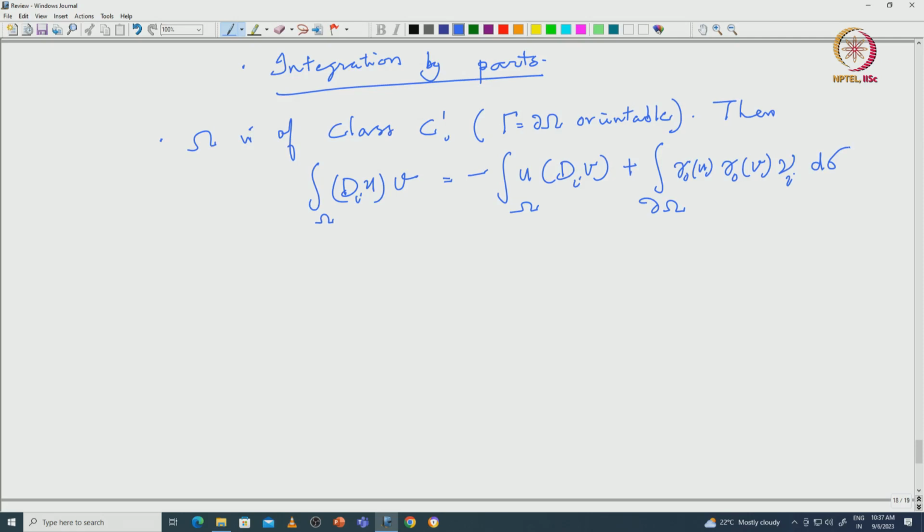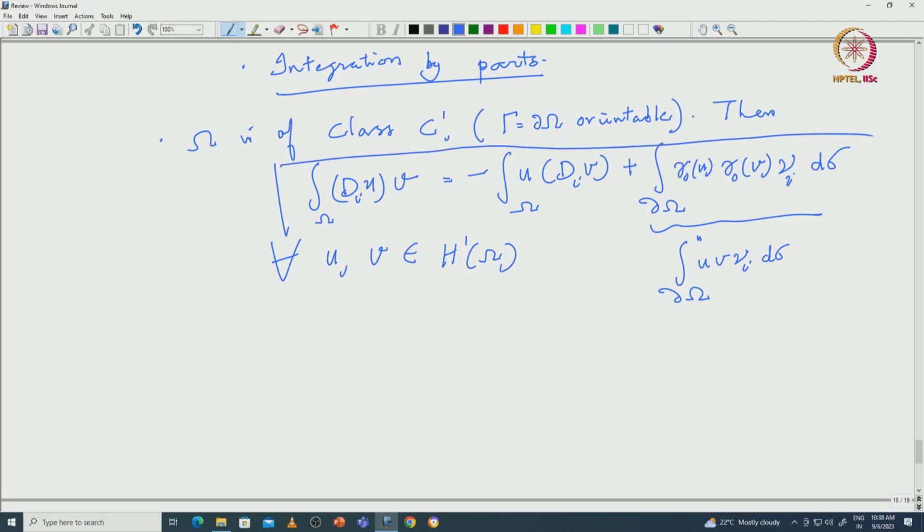So, eventually we write it as u v nu_i d sigma. Okay. So, this is the formula we will be writing, we will not write gamma_0 of v, and this is true for all u, v belonging to H^1 of Omega. This formula you should remember all the time. Okay, we will be using this formula left and right.